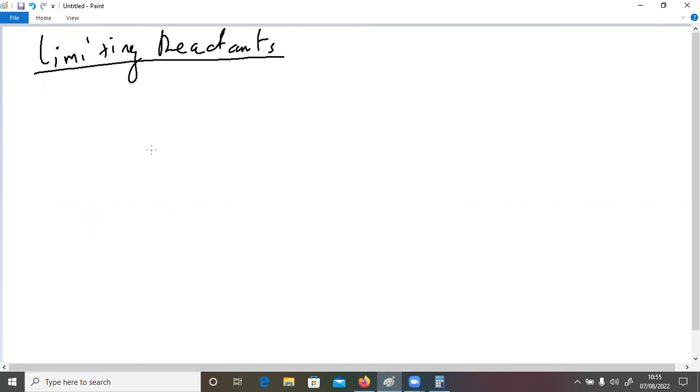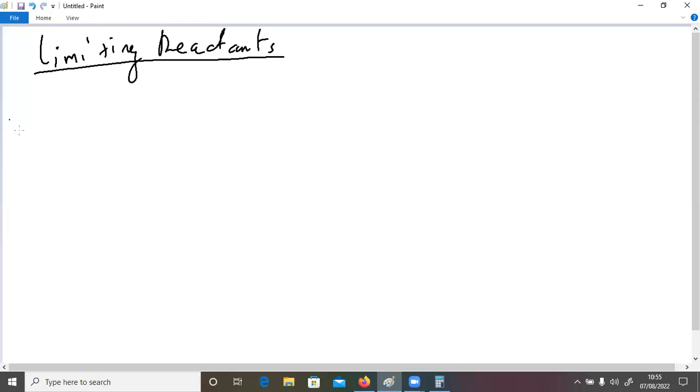But suppose we have a case whereby one of the components in the reaction is not sufficient. In such a case, we have what is called a limiting reactant. A limiting reactant is the reactant which gets used up 100% before the corresponding reactant could be used up at 100%.